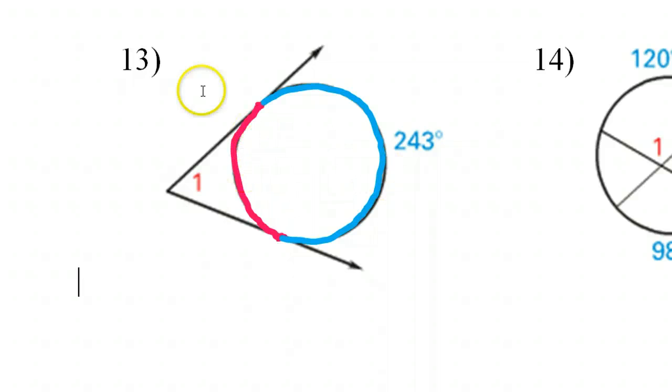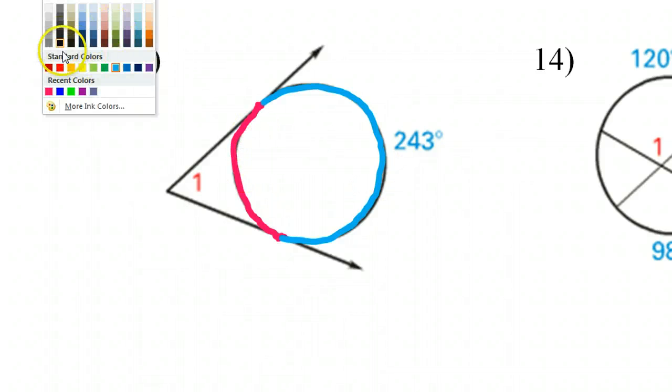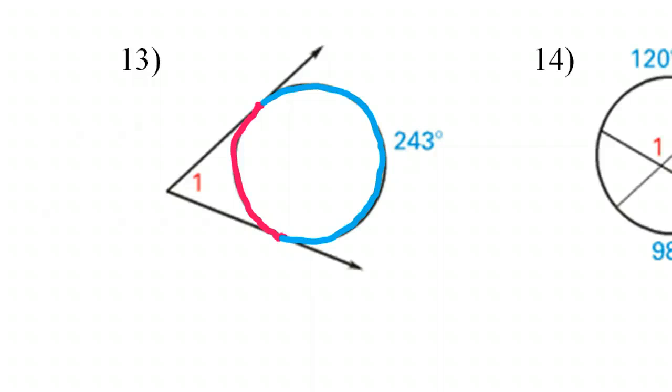Since together they make the entire circle, the thing to do is to subtract from 360 to find this one. So if we do 360 minus 243, that should give us the fuchsia arc right there.